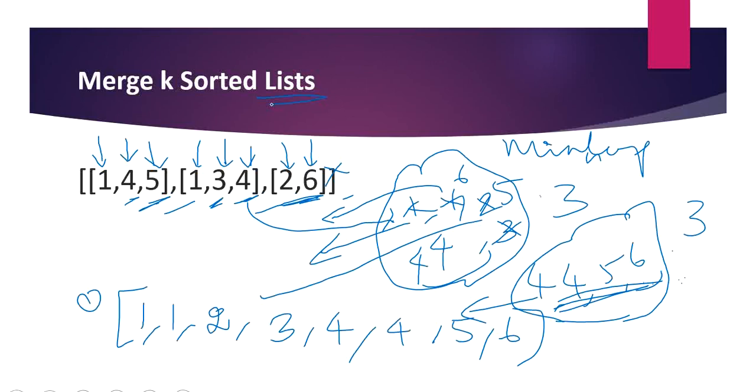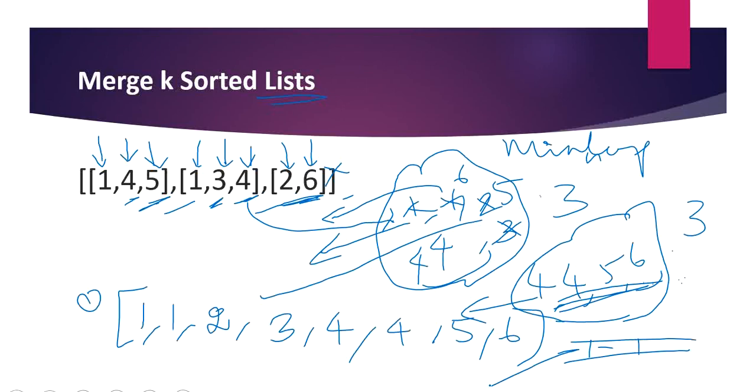We can use a priority queue, because a priority queue just stores the smallest element at the top, and as elements enter, it sorts automatically. If we poll or remove an element from the queue, it removes the front element, the element at the top of the queue. So we are going to use a priority queue to implement this algorithm.